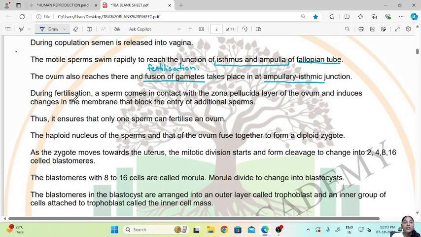During fertilization, the sperm comes in contact with the zona pellucida layer of the ovum and induces certain changes in the membrane that will block the entry of any additional sperm. Once the sperm comes in contact with the zona pellucida layer of the ovum, it induces certain enzymes which stop the other sperms from entering the egg.